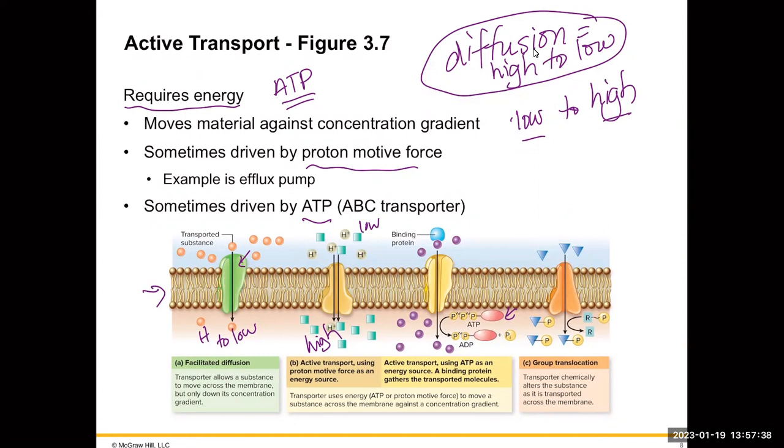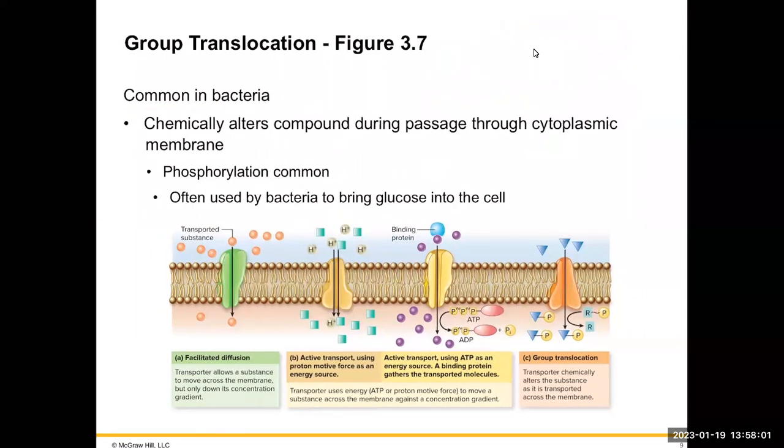And then we have group translocation. So group translocation, it's going to alter the transporter, chemically alters the substance as it's transported across the membrane. Okay, so these are just different ways that things are moved across the membrane. We will not spend much time after this on this. Okay, so group translocation is common in bacteria. Okay, so we take it across and then we alter it, we change it.